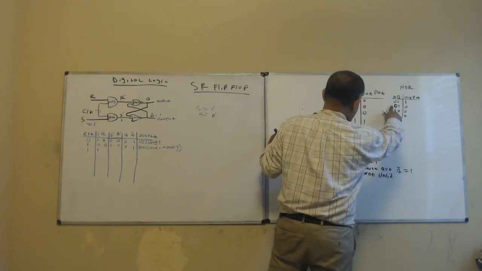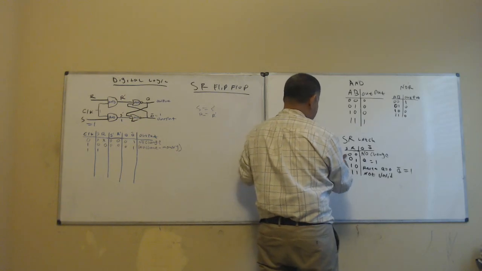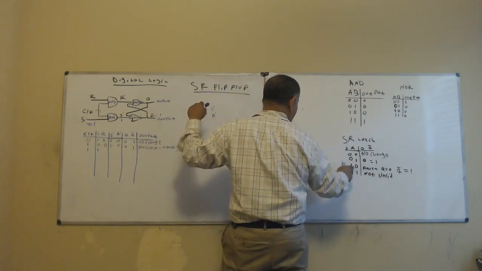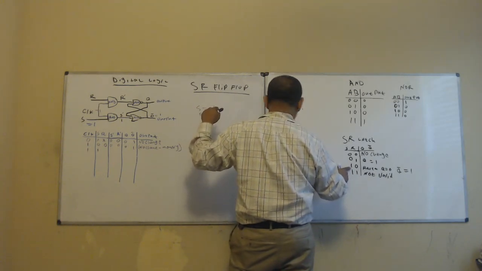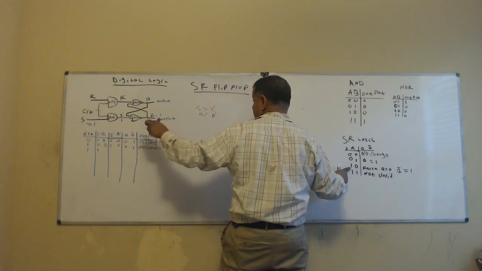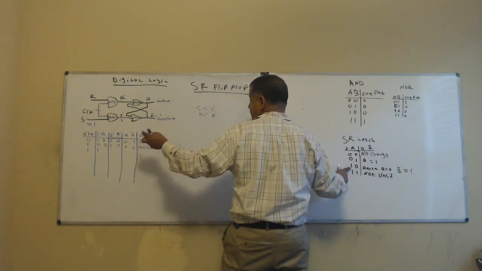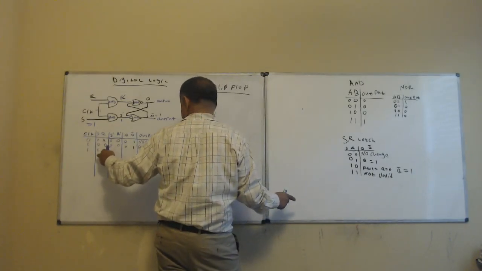So we had a 0 on R and a 1 on S. In this case, we have a 1 on S, but R is equal to 0.